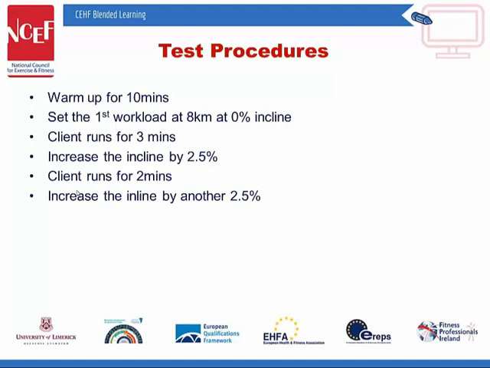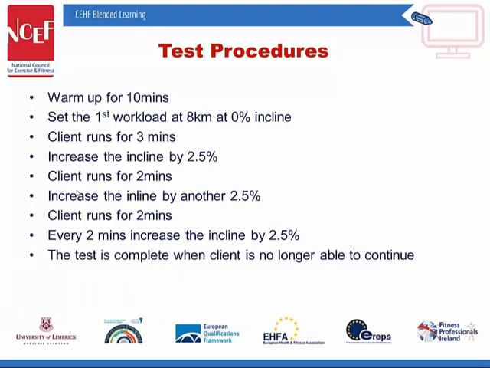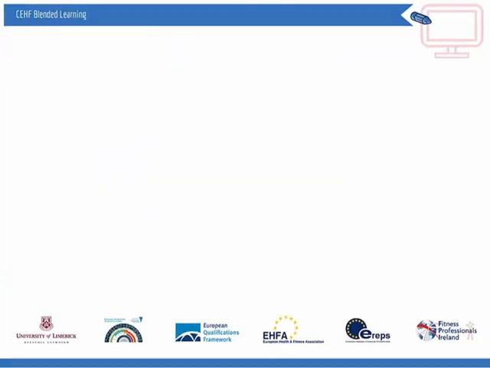Increase the incline by another 2.5%, and the client runs for another 2 minutes. Every 2 minutes, increase the incline by 2.5%, and the test is complete when the client is no longer able to continue. Record the time at which the client stopped.